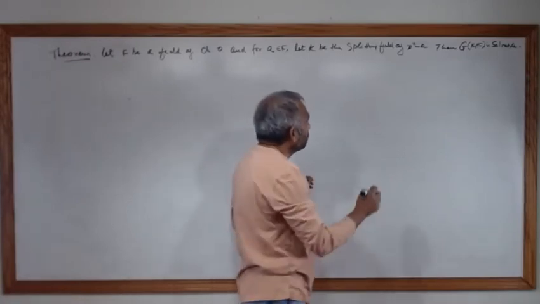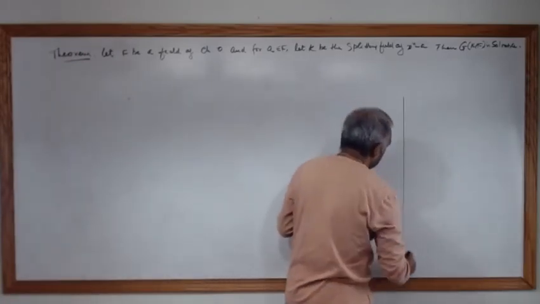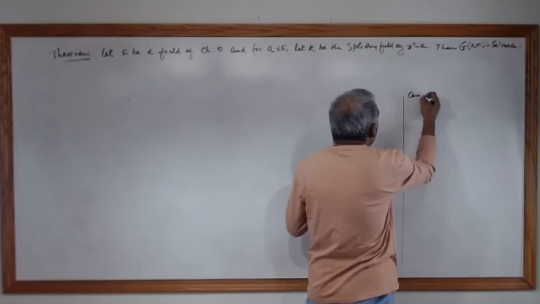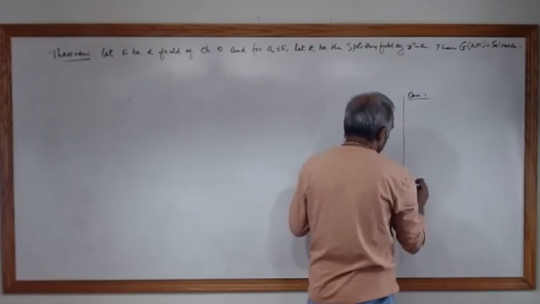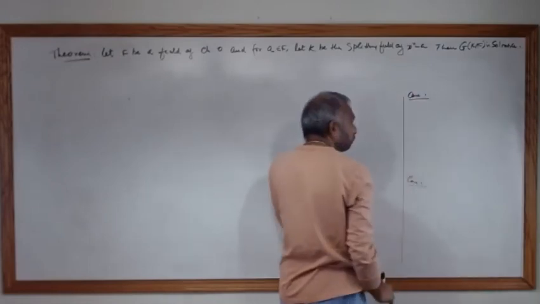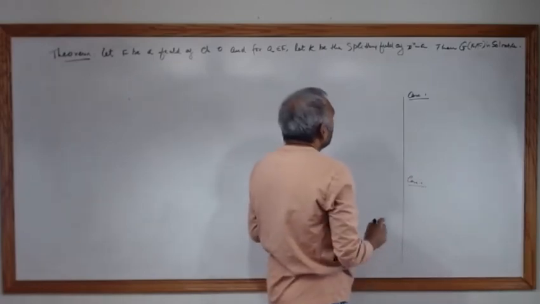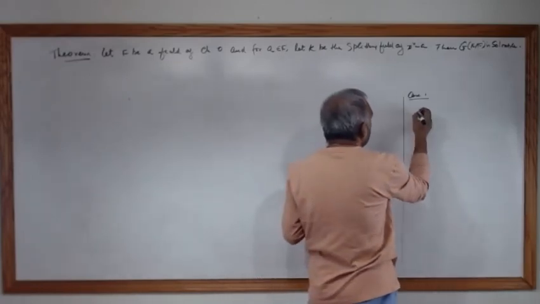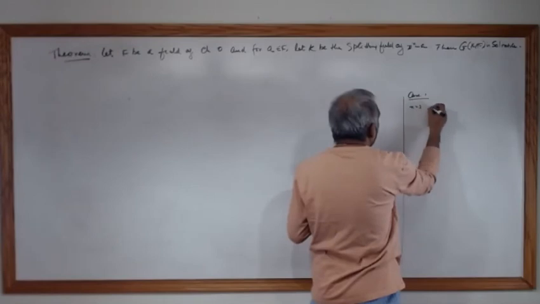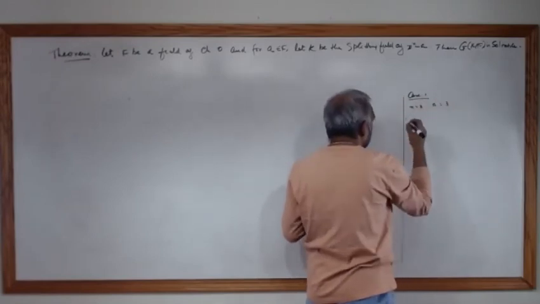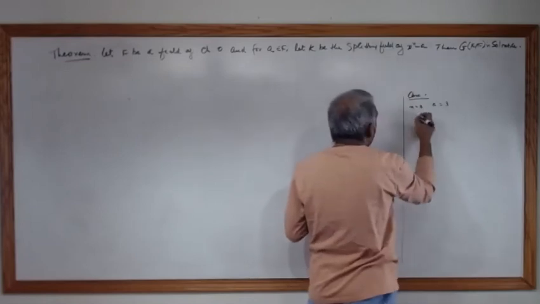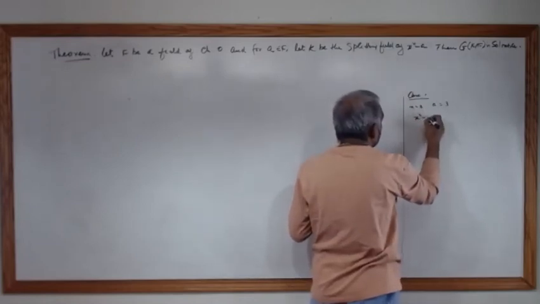So there are two cases here, case 1 and case 2. Case 1 is, let us assume that n is equal to 2 and a is equal to, let's say, 3. So x to the power of n minus a is x squared minus 3.